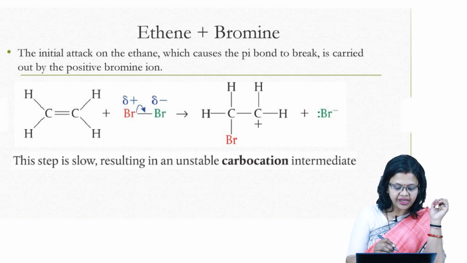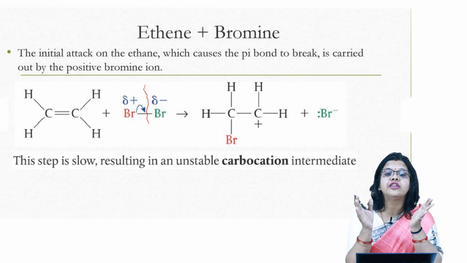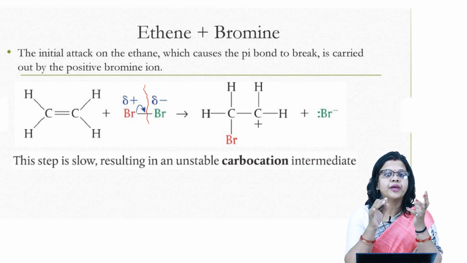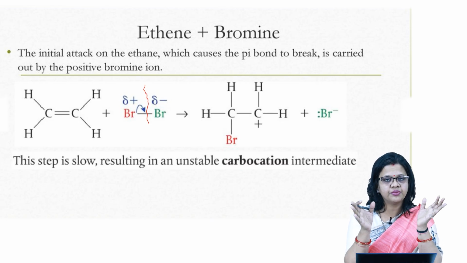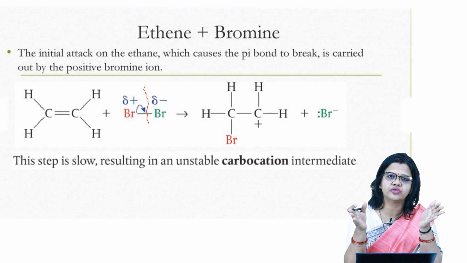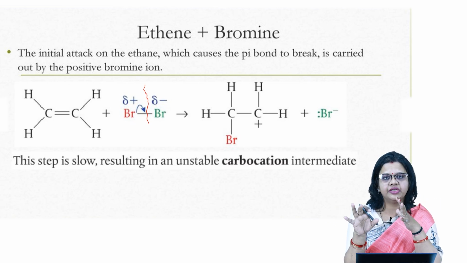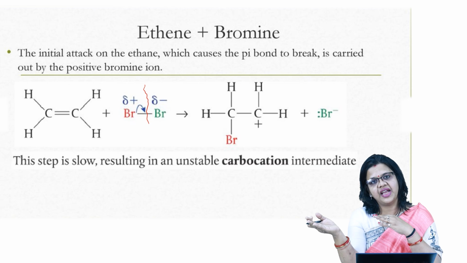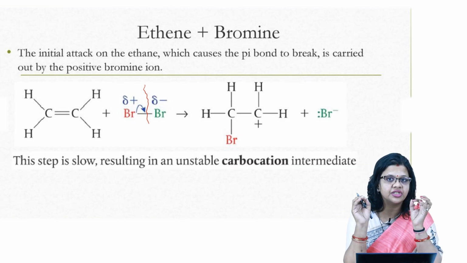As we can see, the bromine bond is breaking unequally, that is, heterolytic fission occurs. When the bond breaks equally and both the pair of electrons go equally to the two atoms, it is termed homolytic fission, and when it is unequally distributed, going more towards one of the atoms, two dipoles or charges are developed.